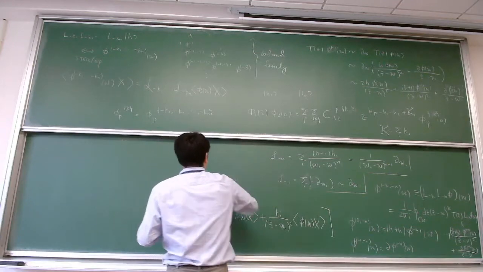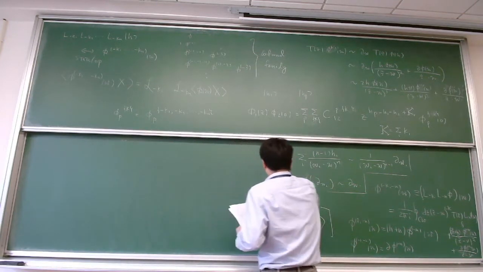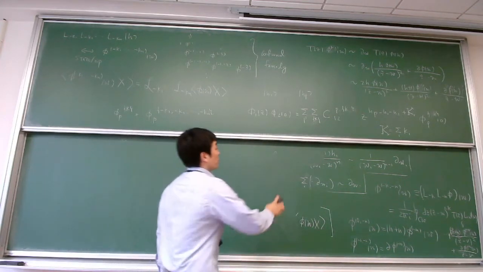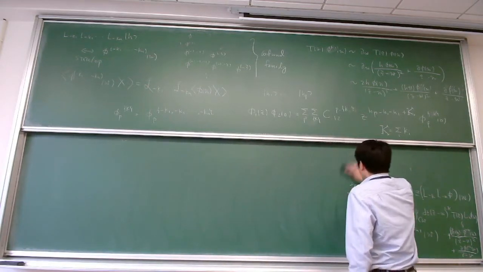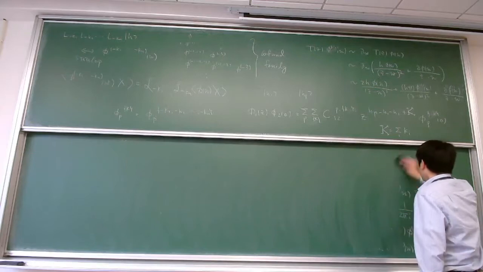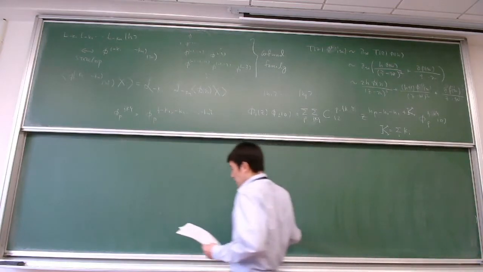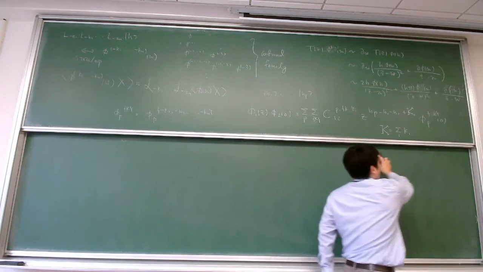So now from here we will define the so-called irreducible representation of the Virasoro algebra. The Verma module is not irreducible in general, and there are singular vectors that appear in the spectrum, so we need to throw them away to get the irreducible representation.